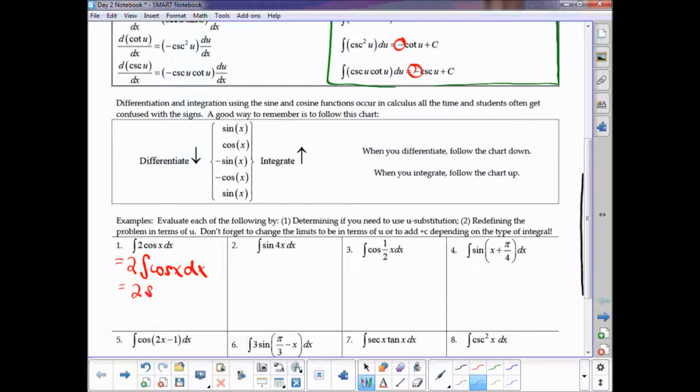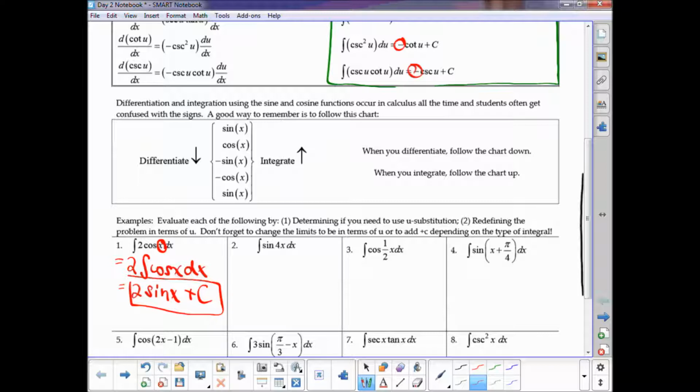Sine. So I have 2 sine x, and this is an indefinite integral, which means I need plus C. Good, plus C. So indefinite integrals, we still have our constant, that plus C at the end. Now we didn't need to use U substitution here because we just had a simple basic function of x. We didn't have anything more than x within there.